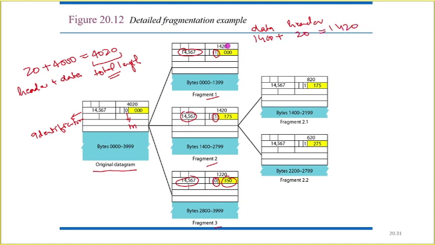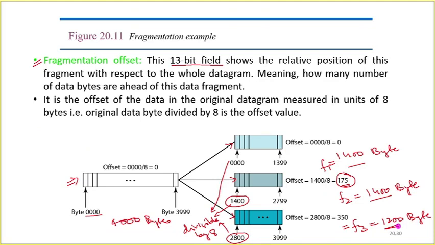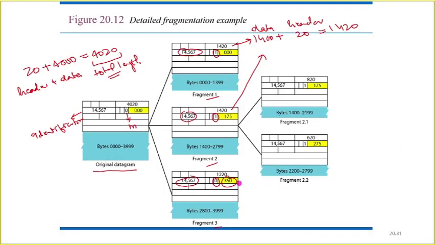Similarly, fragment 2 will be 1420. But for the last one, only 1200 bytes are available. So 1200 plus 20 for the header means the total size will be 1220. You can just look at the byte range.